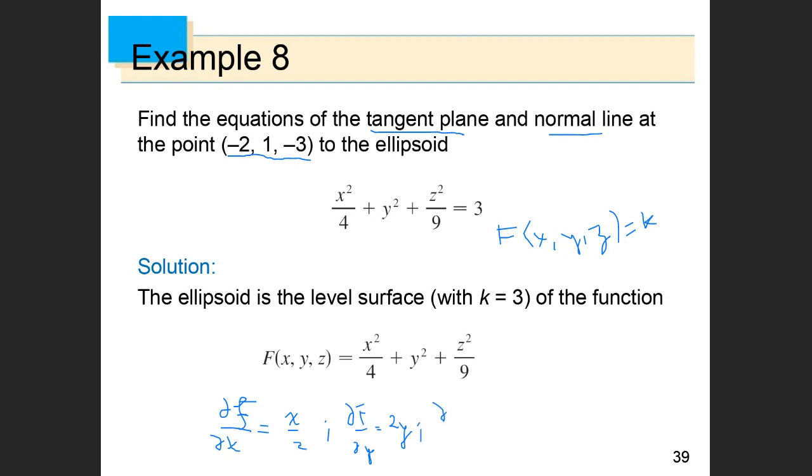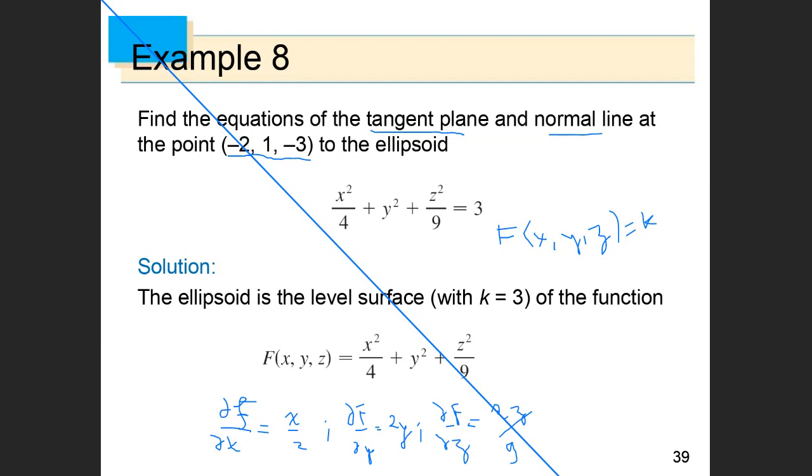And the derivative with respect to z is 2z over 9. So basically, we got the gradient vector. You see the components.